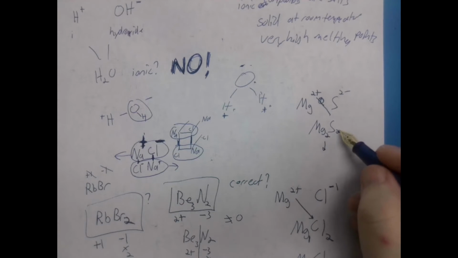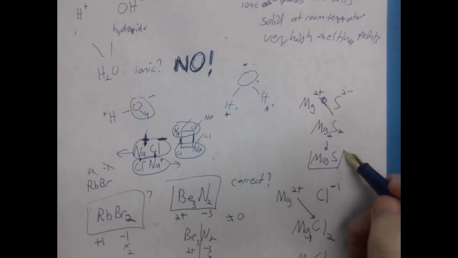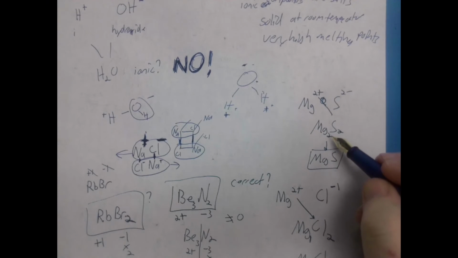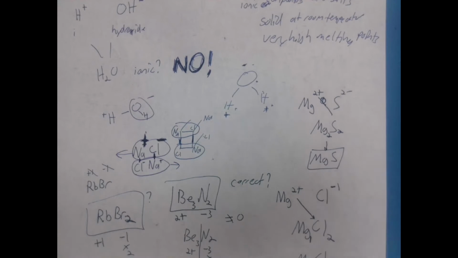These both are divisible by 2, so we can reduce those to MgS. That's the formula. So for ionic compounds, we always use the formula unit, meaning that we always reduce it to the lowest numbers possible, and we omit ones.